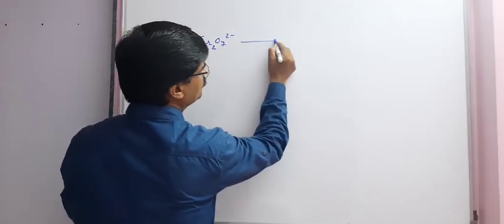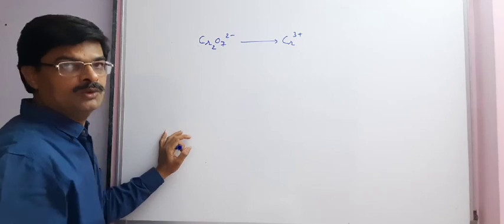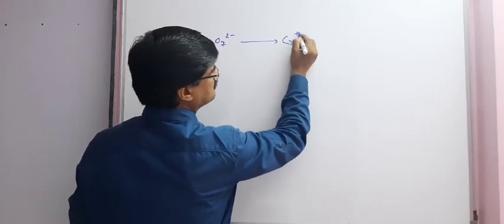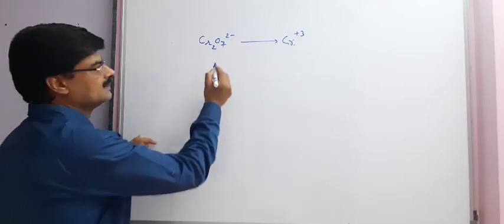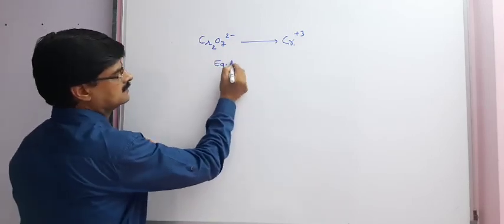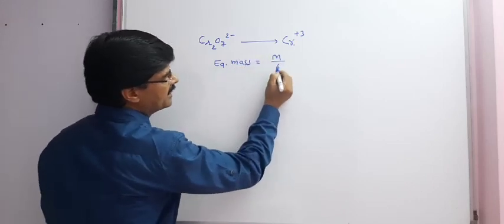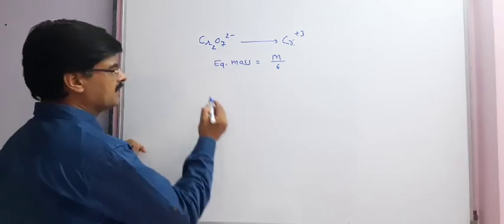It converts to Cr3 plus. So to obtain the equivalent mass, molar mass is divided by 6. Why is it divided by 6? Let us understand.